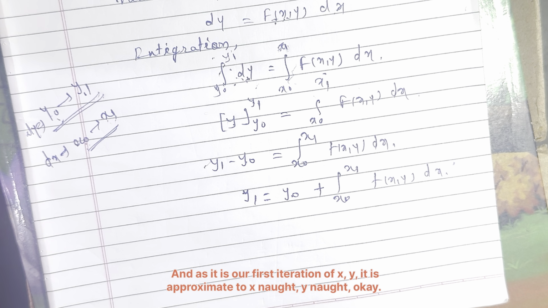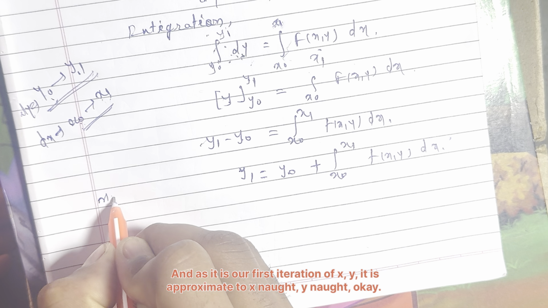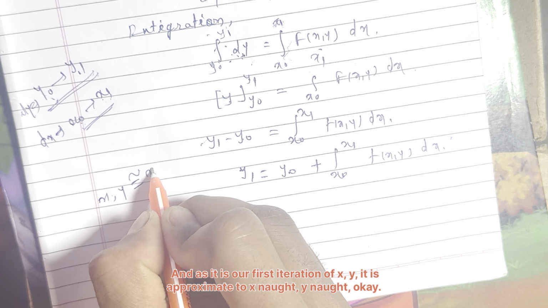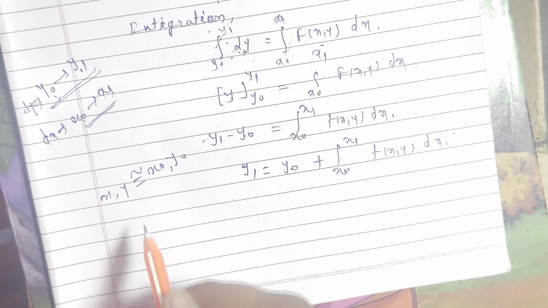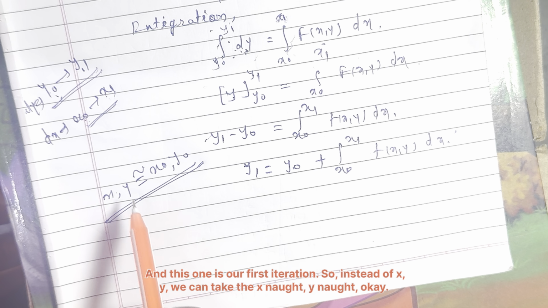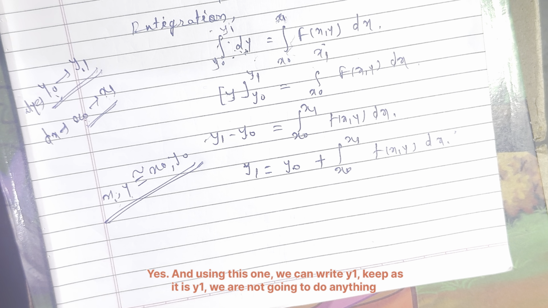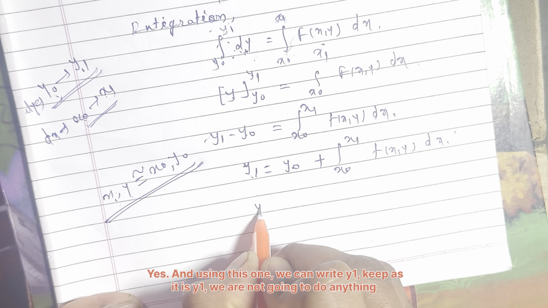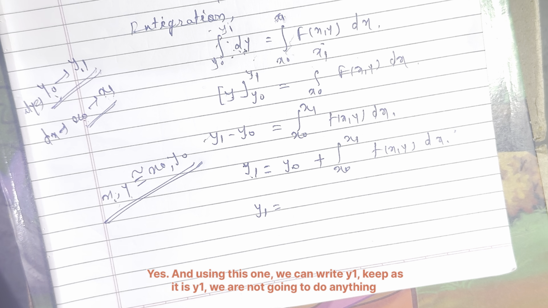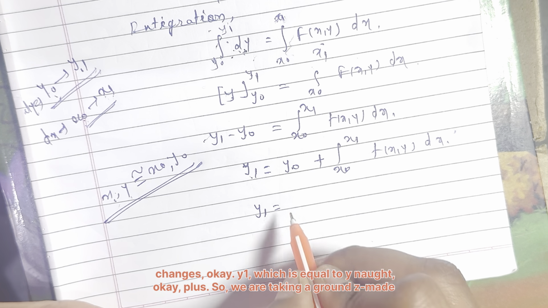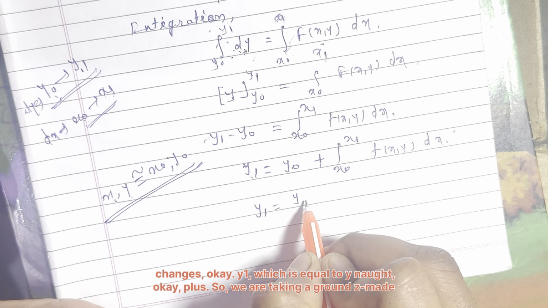And as it is our first iteration, xy is approximately x0 y0. So instead of xy we can take x0 y0. Using this, we write y1 keep as it is, we are not going to make any changes to y1.